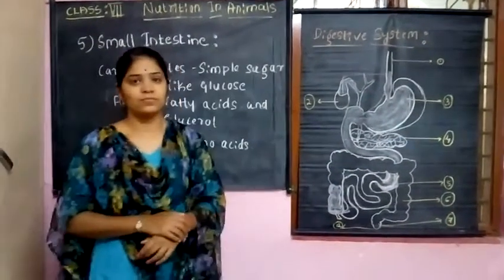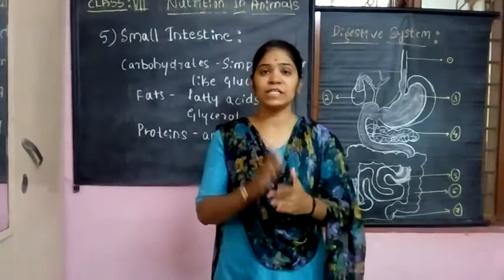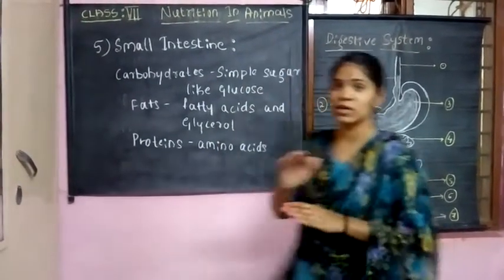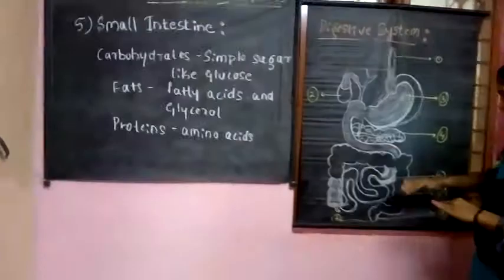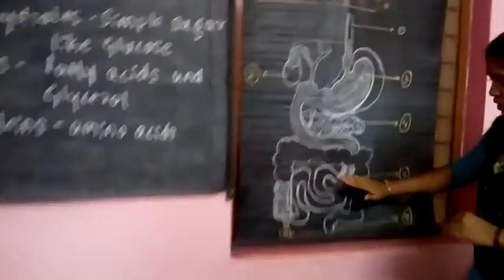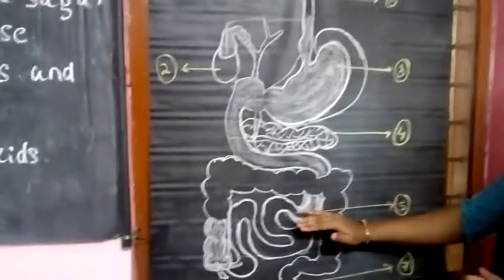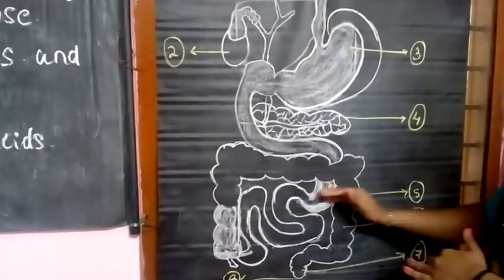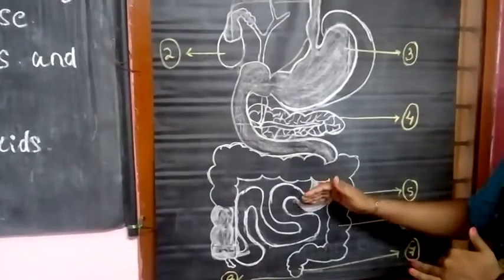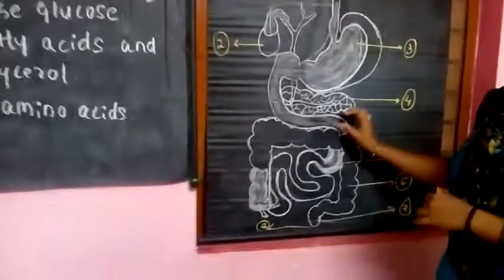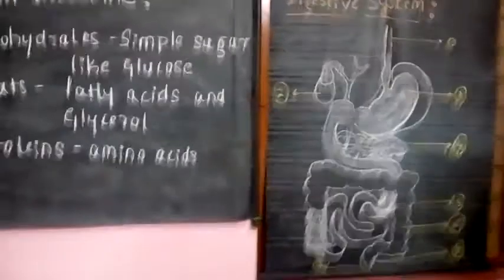The partly digested food in the stomach now moves towards the lower part of the small intestine. Okay, in that what happens? It will move towards this small intestine with the help of the pancreatic juices.